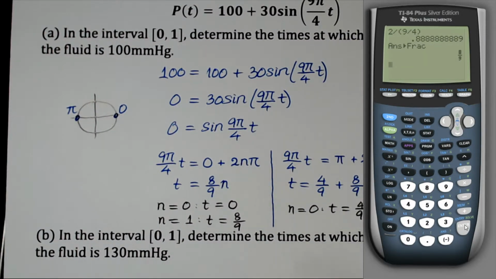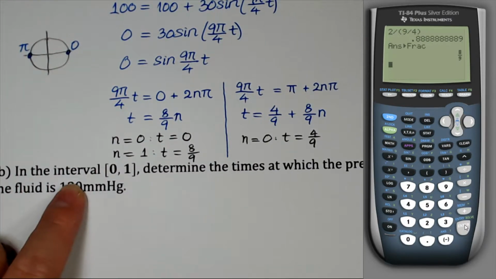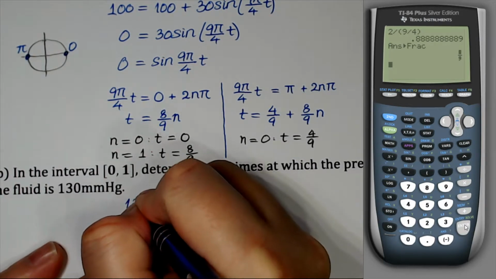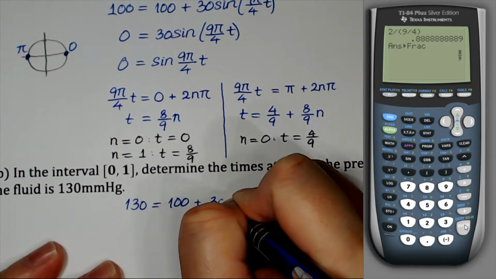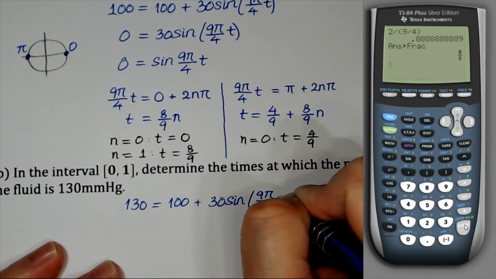Cancel 100 on both sides. We have 0 equal to 30 sine of 9 pi over 4 t. Divide both sides by 30. We will have 0 equal to sine of 9 pi over 4 t.